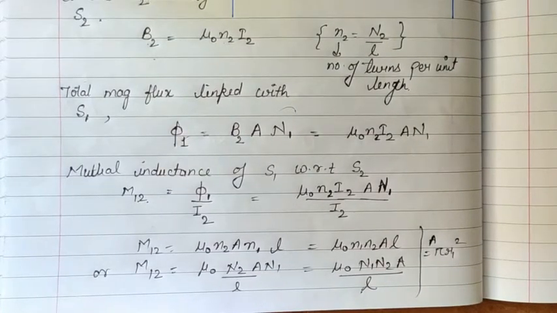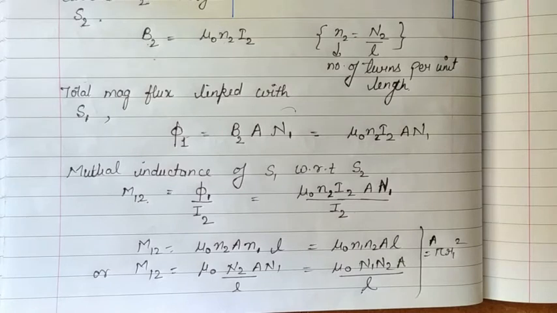Now we'll talk about the mutual inductance of the second coil with respect to the first, that is M21. For that we have to pass a varying current I1 through S1. Field B1 will be set up in coil 2 because of coil 1, right? So field B1 will be set up and because of it magnetic flux will link with the second coil.